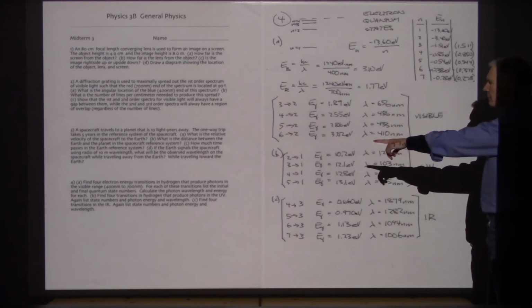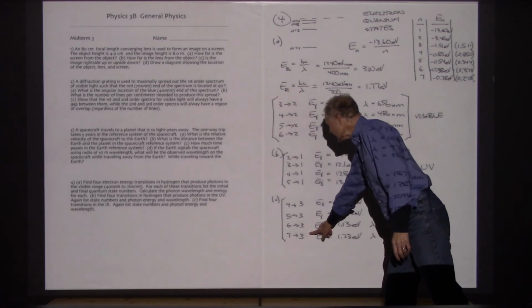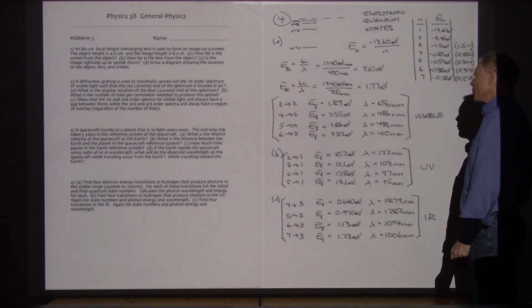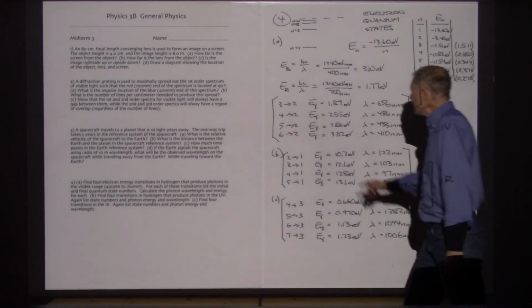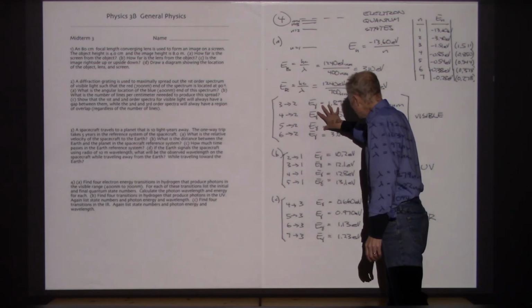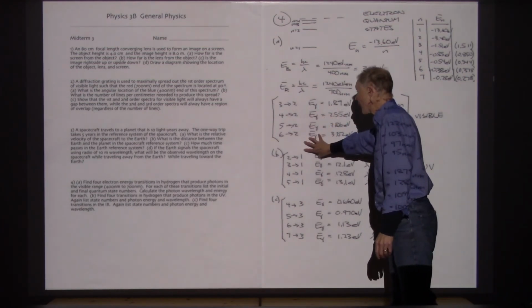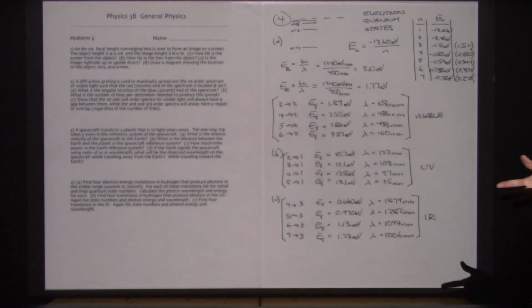And then finally in part C, they are asking about infrared. And I thought, well, for infrared, what could we do? Anything dropping into 2 is either going to be visible or ultraviolet. So everything dropping into 1 is too much energy for infrared.